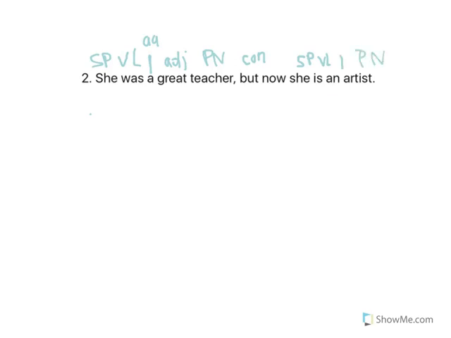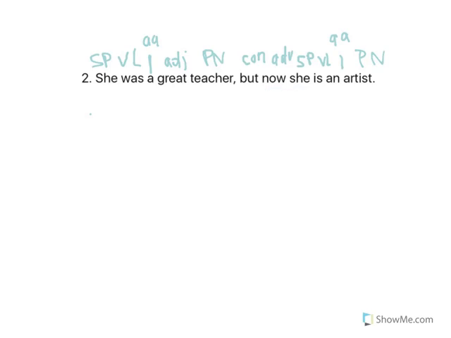An is going to be an article adjective modifying artist. The word now is actually going to be modifying our linking verb is, and so it's going to be an adverb, and it's telling us when she's an artist. Now she's an artist.